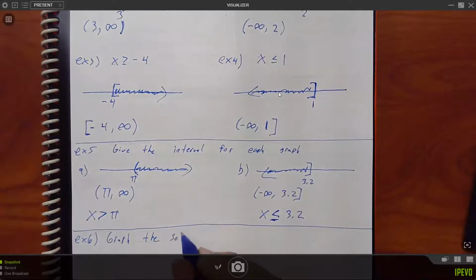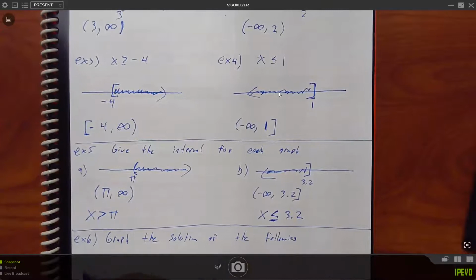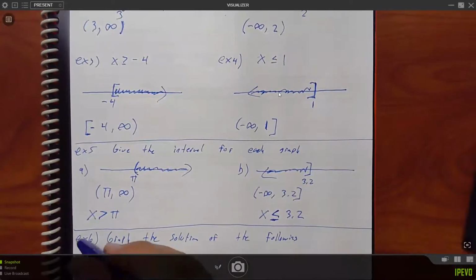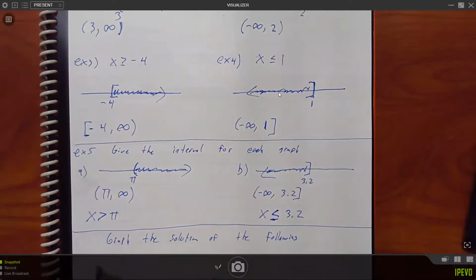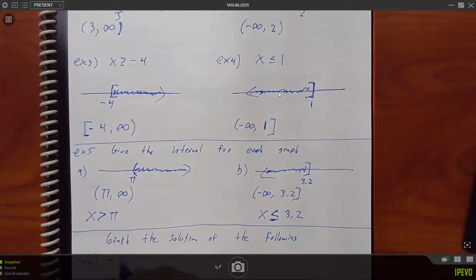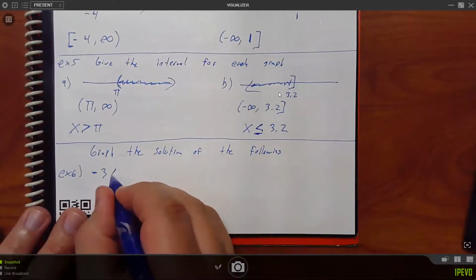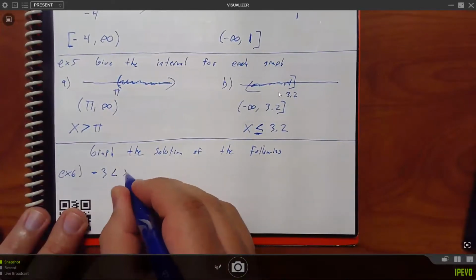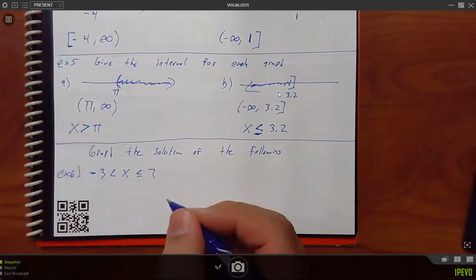Graph the solution of the following. So whenever you see this right here, when I first saw this back in the day, that was really confusing to read.